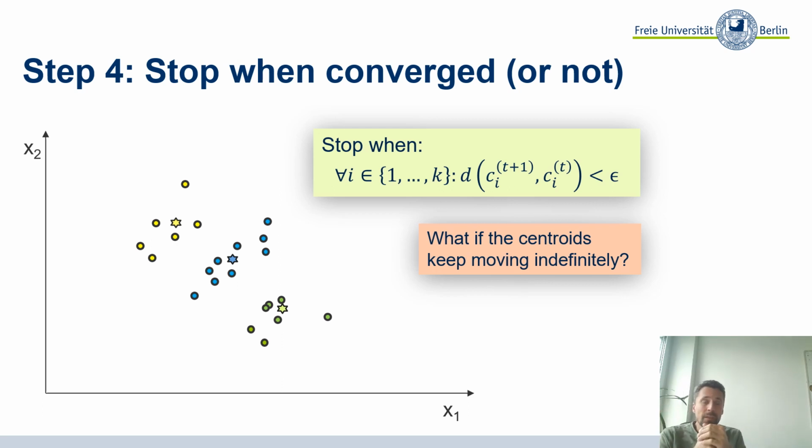But it could also mean that those steps of the cluster centers are really big, because the data is arranged weirdly, and then you can't really find a solution here. So one of the solutions to handle this situation is to stop when you reach a certain number of iterations.